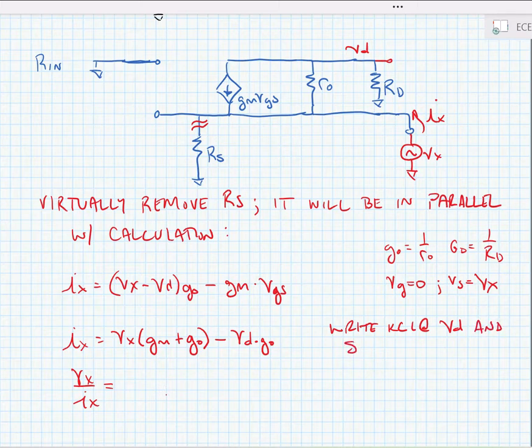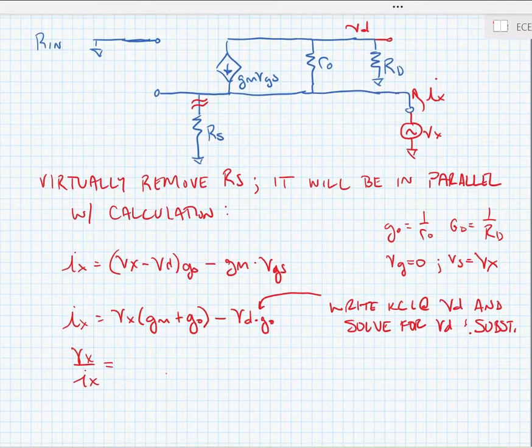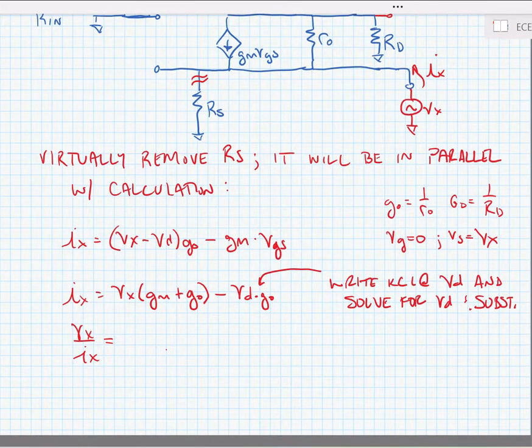So if we wrote a KCL expression at the drain node, solved for Vd, and substituted it into this expression, we could then find an expression for Vx over Ix, and this would just involve a bit of algebra. You can show that this is ultimately going to be equal to Go plus Gd divided by Gd times Go plus Gm.